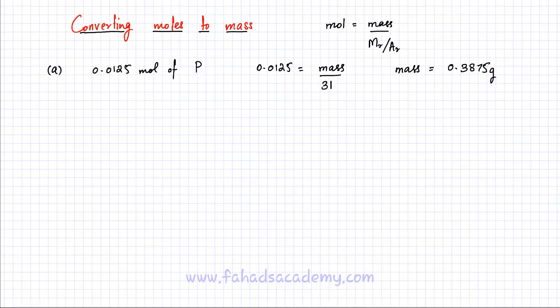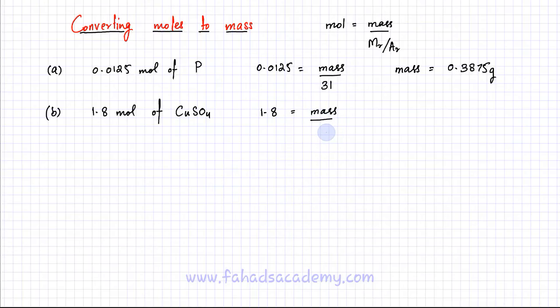Let's do another question. So let's say I have 1.8 moles of copper sulfate. Again, I know how many moles I have, so I'm going to put that in the formula. It's 1.8 moles is equal to mass, which is the unknown, divided by the MR, which we are going to find out from the periodic table.